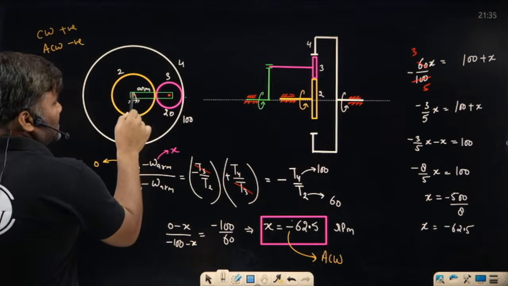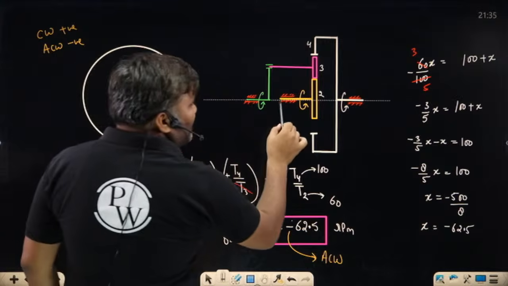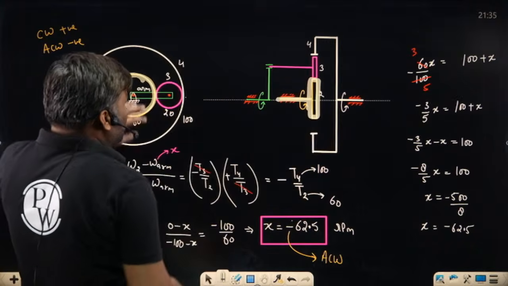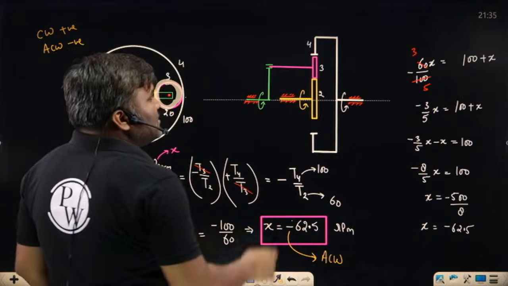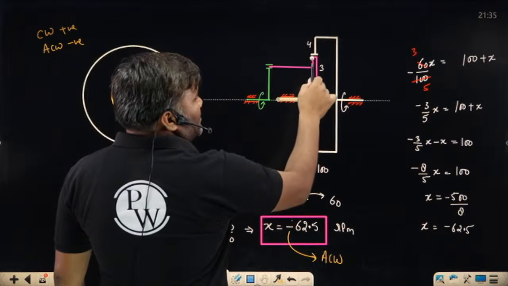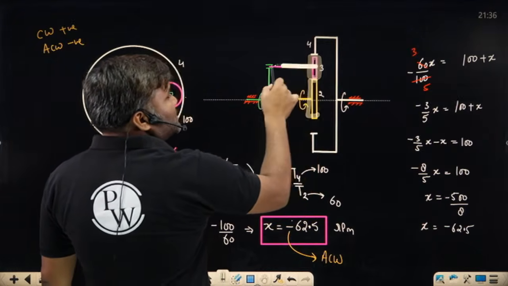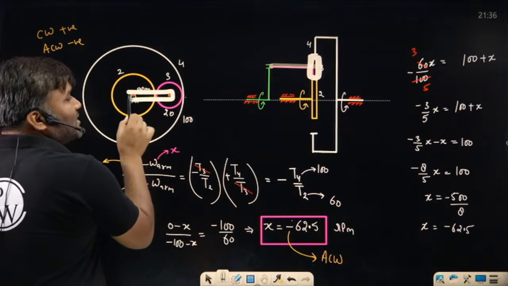क्या है? Sir, one gear, gear number 2 is rotating on some shaft. So I have made a shaft, and on this we have gear number 2. Gear 2 is rotating. It is engaging externally with gear 3. So this is gear 2 is connected with gear 3, and gear 3 का shaft is on some green color का arm.